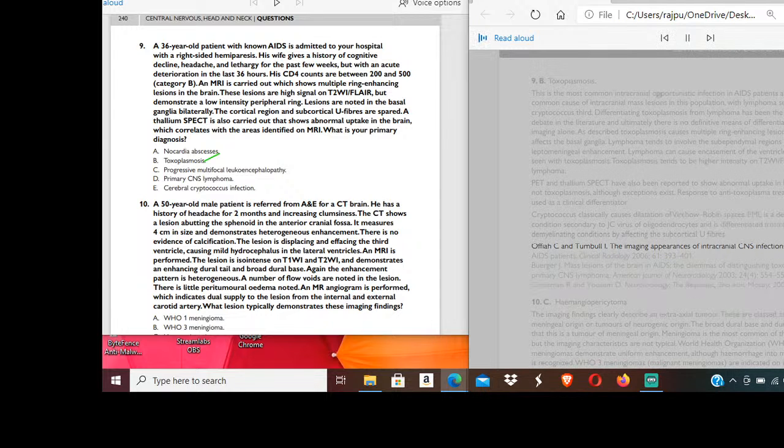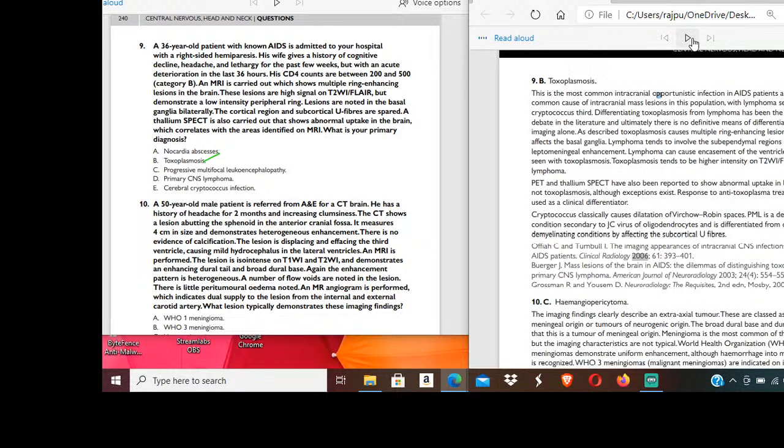CNS infections in adult HIV and AIDS patients.